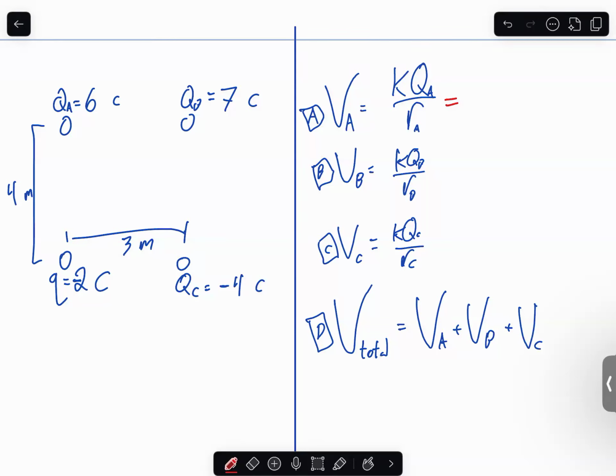I'm asking to find the voltage of each of these charges at the location at the lower left corner. So if you want to find the voltage from A, use where A is relative to that. If you want to find the voltage due to B, you use where B is relative to that test point. If you want to find the voltage from C, use the distance to the test point from C.